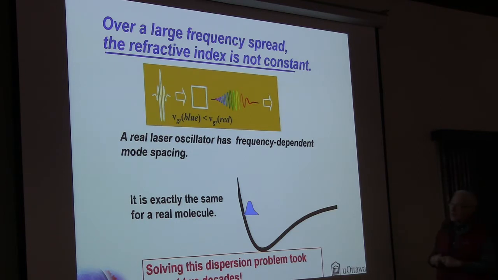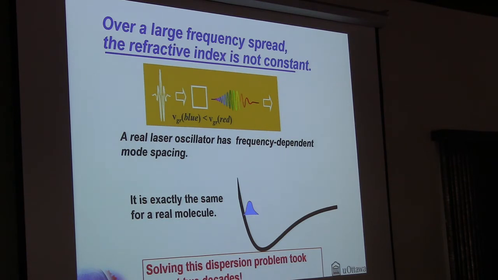It's exactly like a real molecule versus a harmonic oscillator. In a harmonic oscillator, the levels are separated by an equal spacing, each level one from another. In a real molecule, you have a non-harmonic potential, and the vibrational modes are not equally spaced.